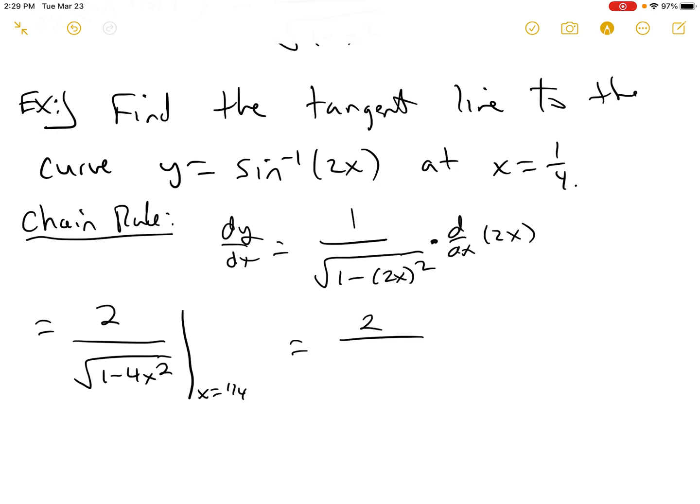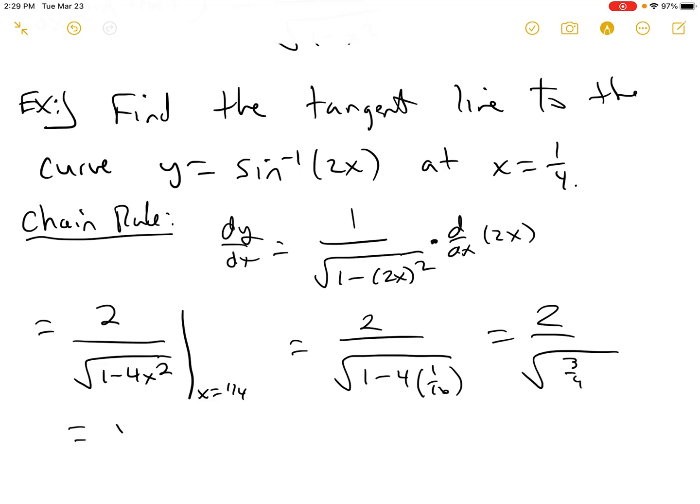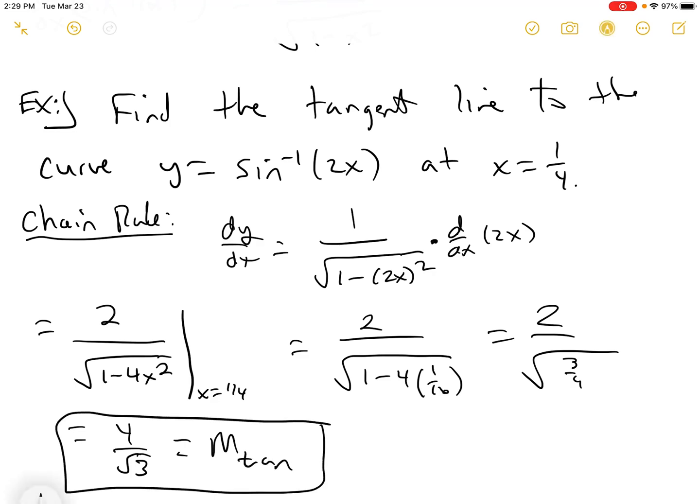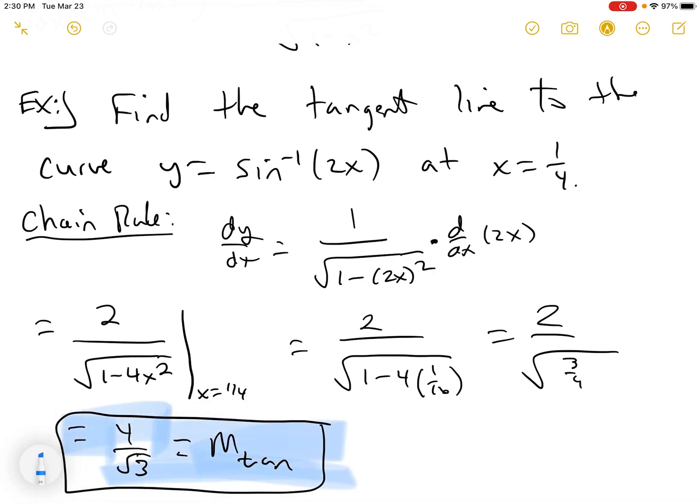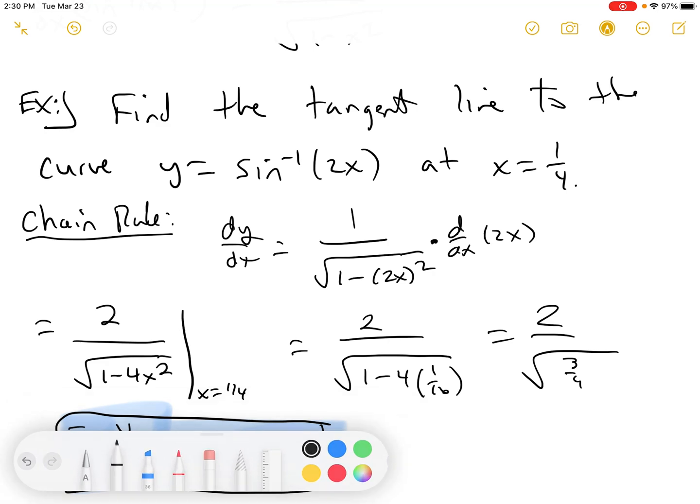So this is 2 over the square root of 1 minus 4 times 1/16, which is 2 over root 3/4, and that's 4 over root 3. So this turns out to be m tangent.